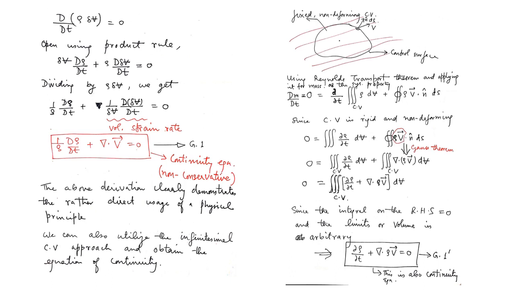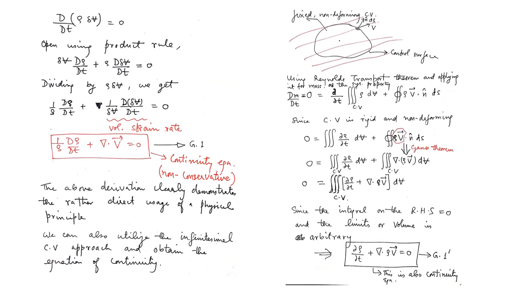Now you will recognize this, that the second term 1 by delta V D/Dt of delta V, how do you read it? You can read it as rate of change of volume of the fluid particle that we are considering per unit volume. So rate of change of volume of the fluid particle per unit volume.